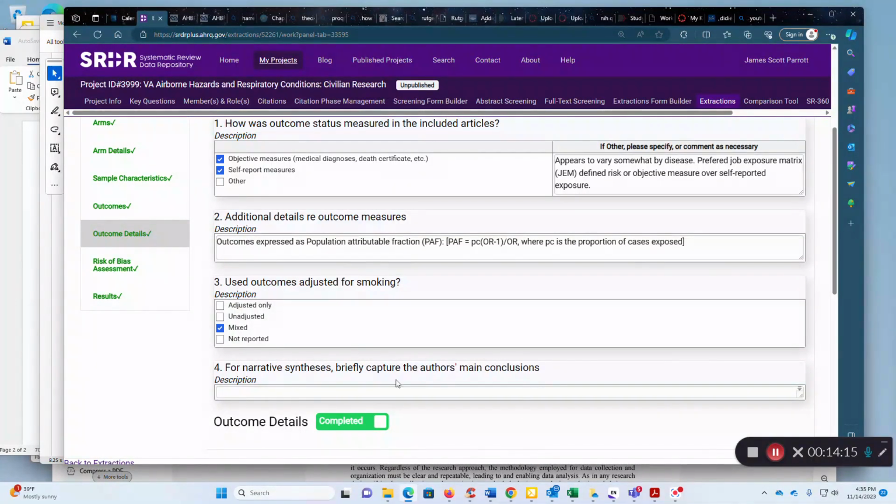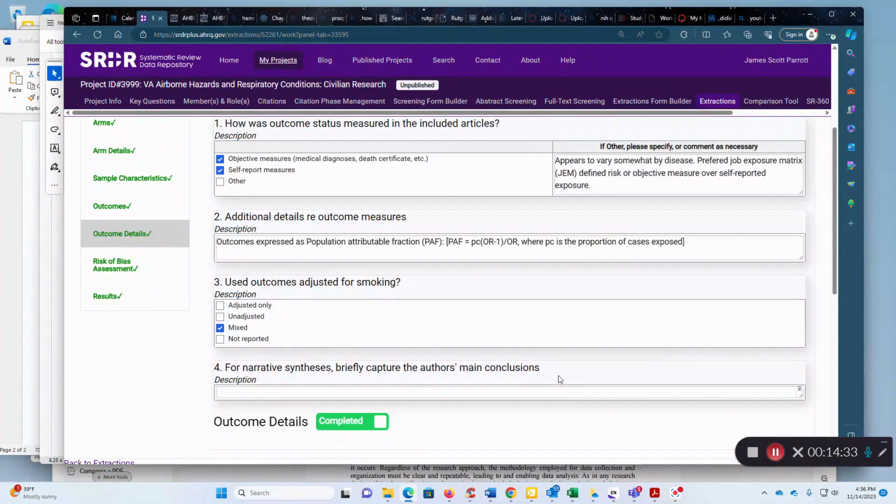Now, there's this one piece down here for narrative syntheses. That's going to be more relevant for systematic reviews that have a narrative analysis. Typically those will have a long narrative of this study found this, this study found this.